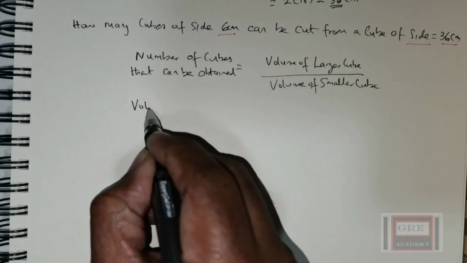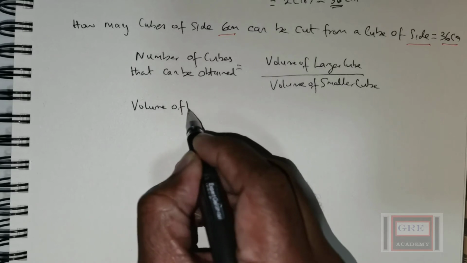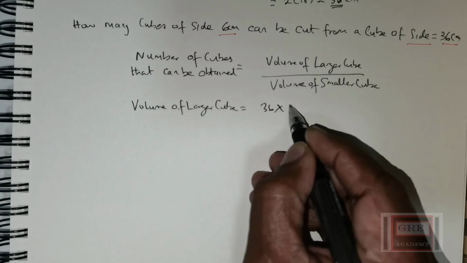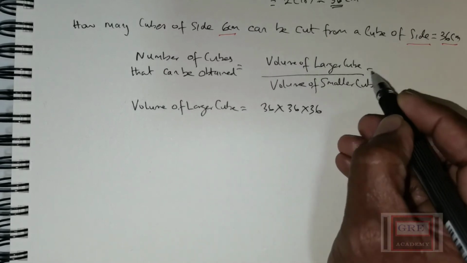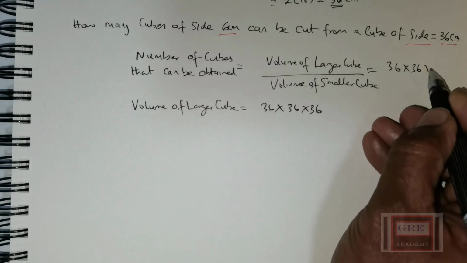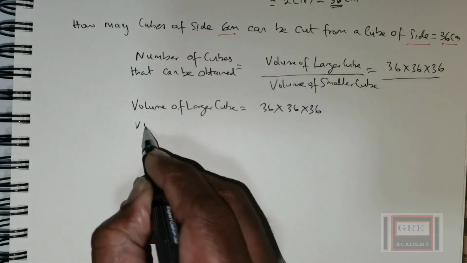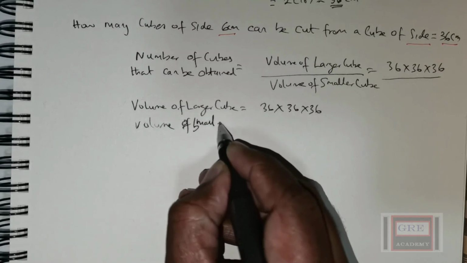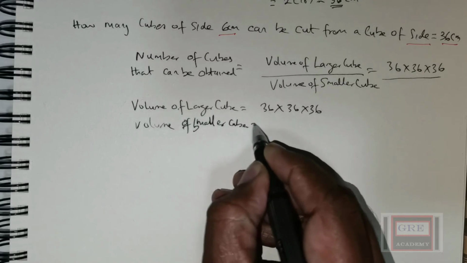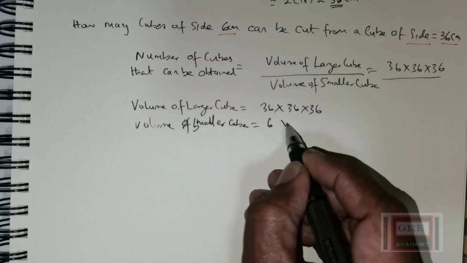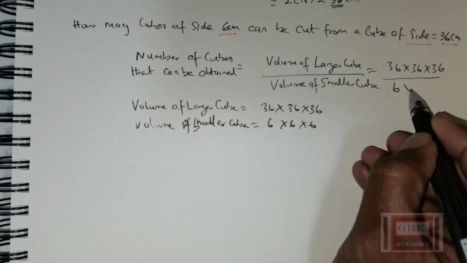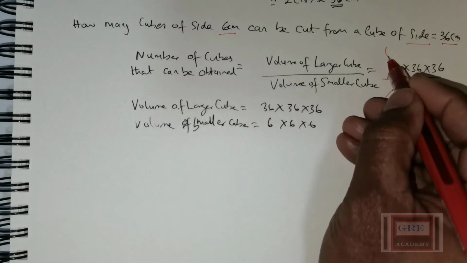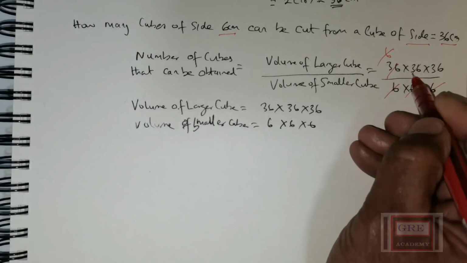So what is the volume of the larger cube? Volume of the larger cube is equal to 36 times 36 times 36. Place it here. And what is the volume of the smaller cube? The side is 6, so 6 times 6 times 6. Place it here. Now clearly 6 can be cancelled here, and 6 can be cancelled here.